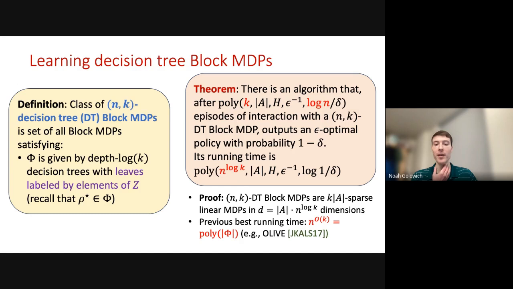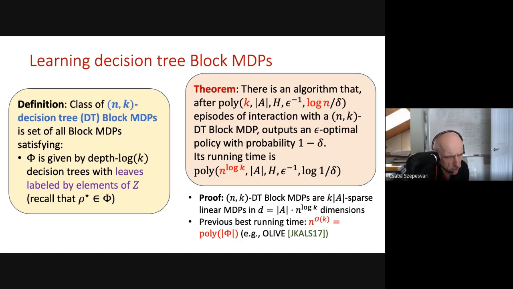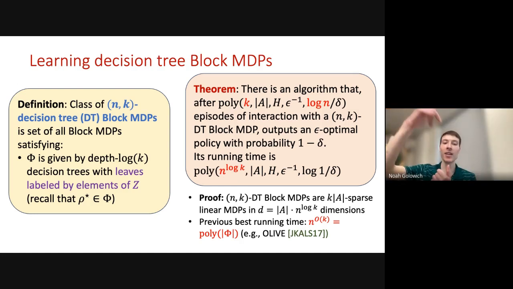Oh, yeah. So basically the way you show decision tree block MDPs are sparse linear MDPs is, if you look at a decision tree, you take the paths and those are the features. Exactly. Each path is like a log k-wise conjunction. And so your feature vector is going to be the set of all possible log k length conjunctions.